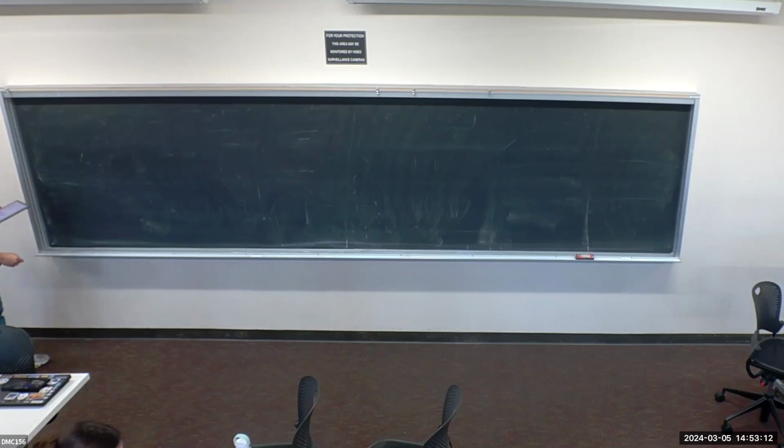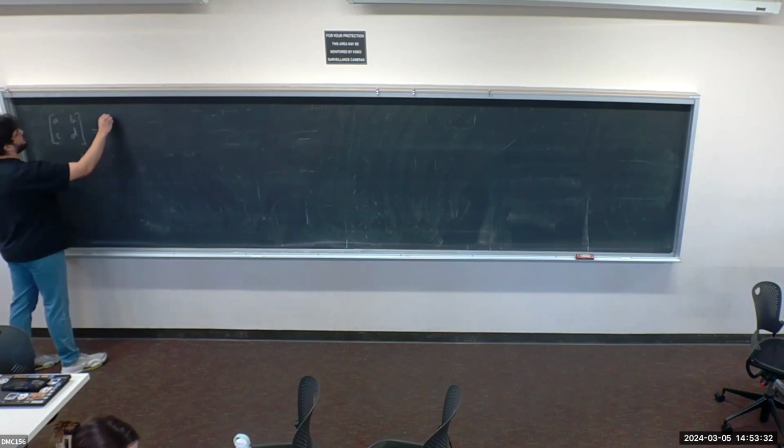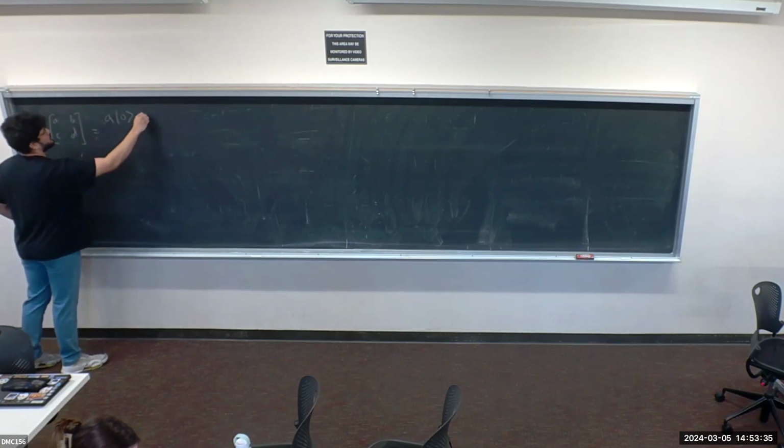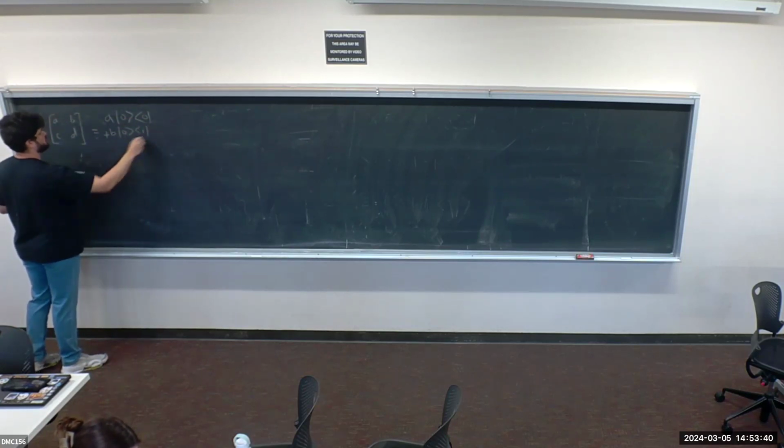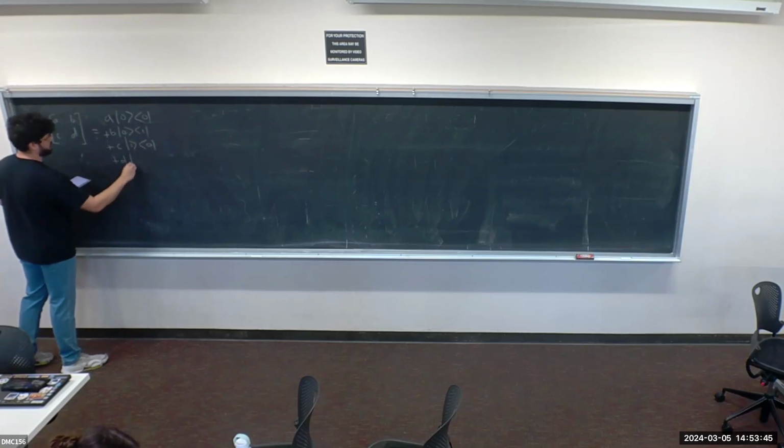So you can keep this in mind: if you have a matrix A, B, C, D, you can write this in outer product form as A times |0><0| plus B times |0><1| plus C times |1><0| plus D times |1><1|.